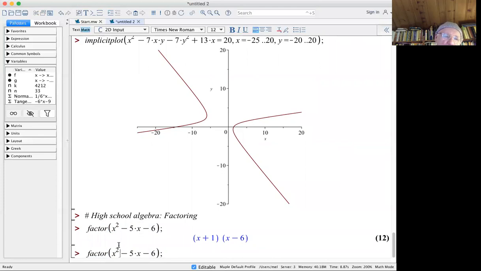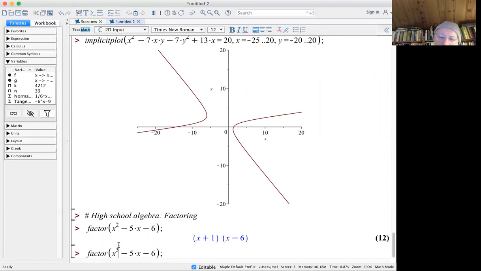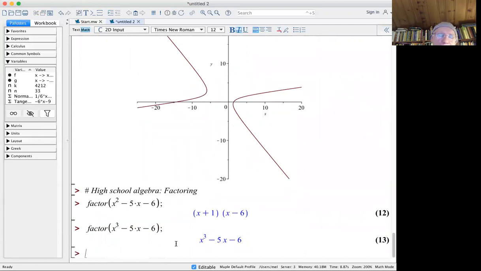What if this were a cubic? Oh, that one doesn't factor, it seems. Let me change it.